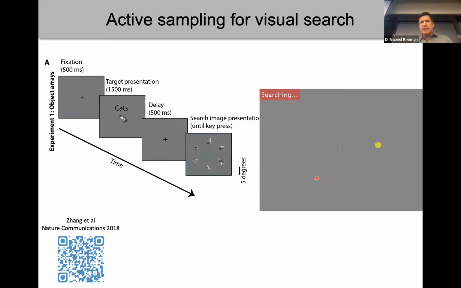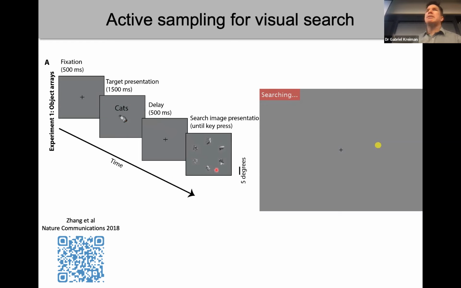Okay, so I'll show you several tasks that look more or less like this. There's a target object. In this case, the target is to look for cats in the image. And then there will be an image here. This is the search image, and people will have to move their eyes to find that particular target.